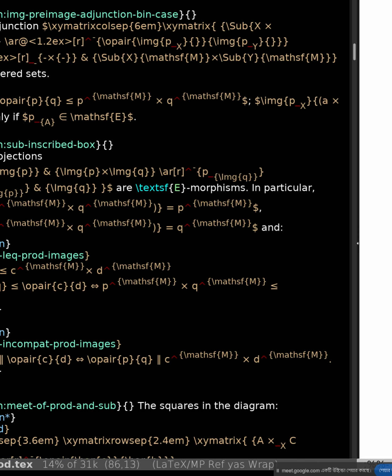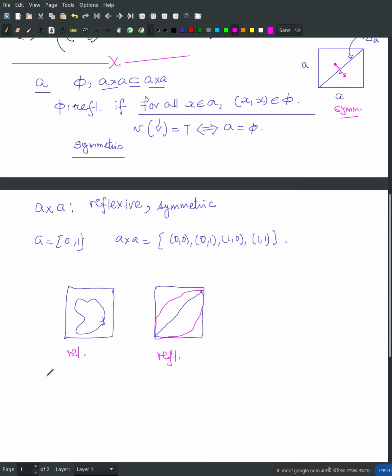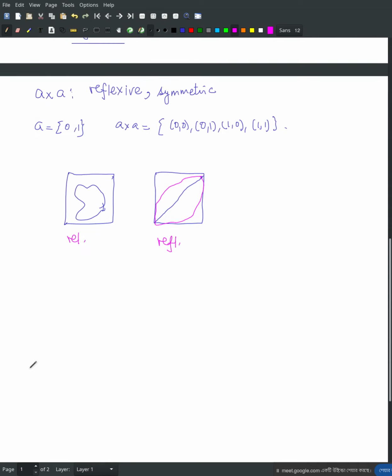So you see what it says is, how can we picture this?